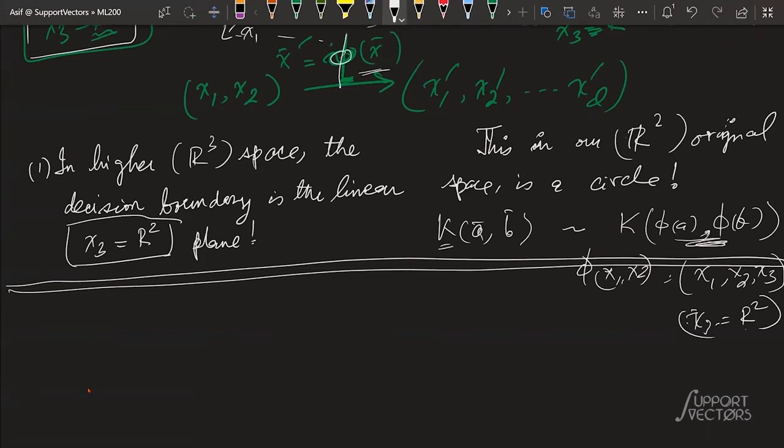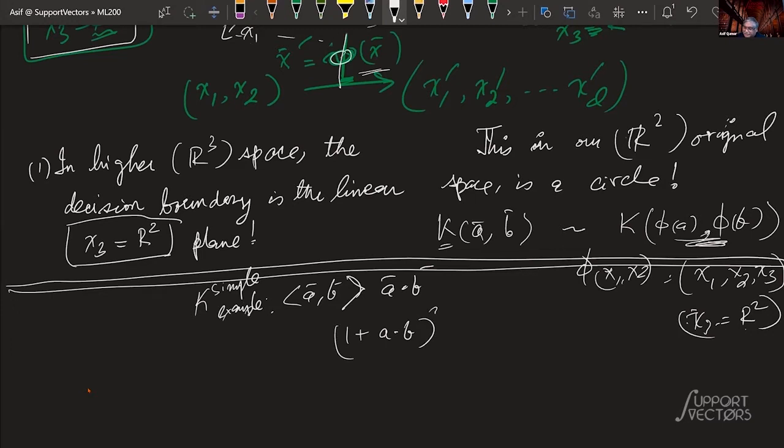And k is just the dot product. In the simplest form, think of k as just a dot product, a dot b. It is the simplest kernel. In a simple example, k could just be a dot product. But actually, it could be any function of the dot product. Are we together? For example, in the polynomial kernel, it could be a dot b to the power of some polynomial power.